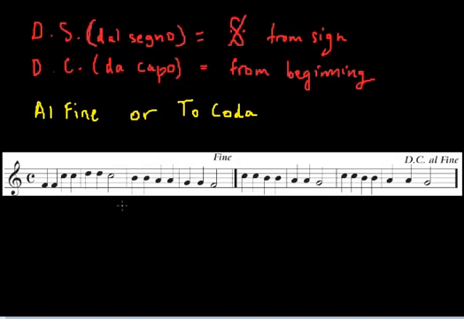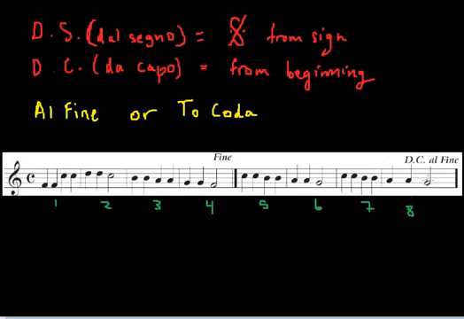So again, let me show you an example of that. Okay, let's number out the measures really quickly. This is the first measure, second, third, 4, 5, 6, 7, and 8. So there are 8 measures here. The way this passage would be played is first 1, 2, 3, 4, 5, 6, 7, 8.